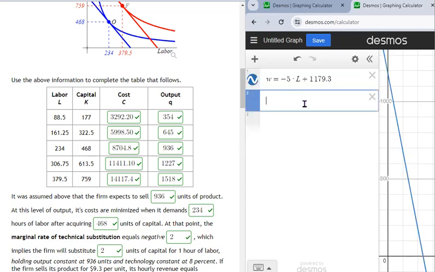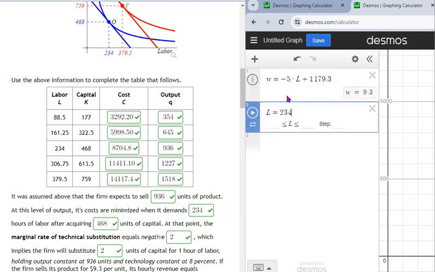Now I can verify that this could be a valid labor demand equation by substituting in the original quantity of labor demanded, 234. When I plug in 234, I get a wage of 9.3.